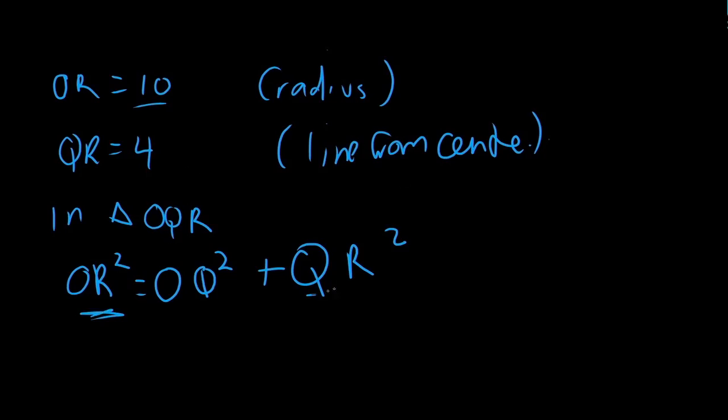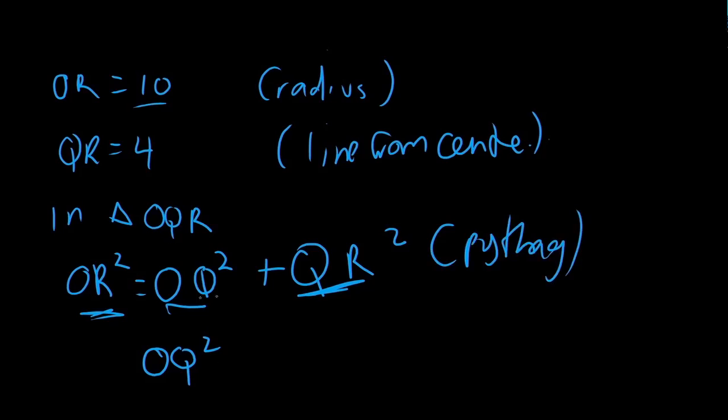We know that QR is 4 units, I can substitute that, and OQ was x. Remember, your reason for this statement was Pythagoras. So therefore, OQ squared is going to be equal to OR squared, which is 10 squared, minus QR squared, which is 4 squared. So it's 100 minus 16, which is 84. So therefore, OQ squared is 84, and therefore OQ will be the square root of 84.